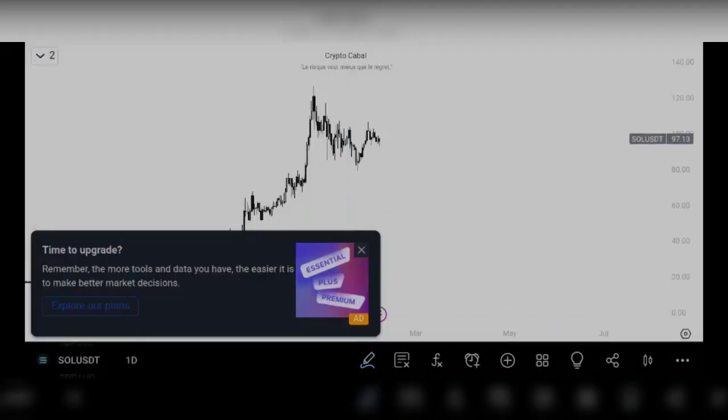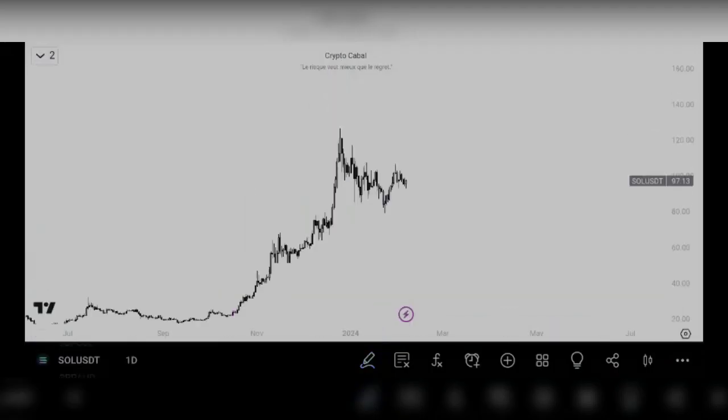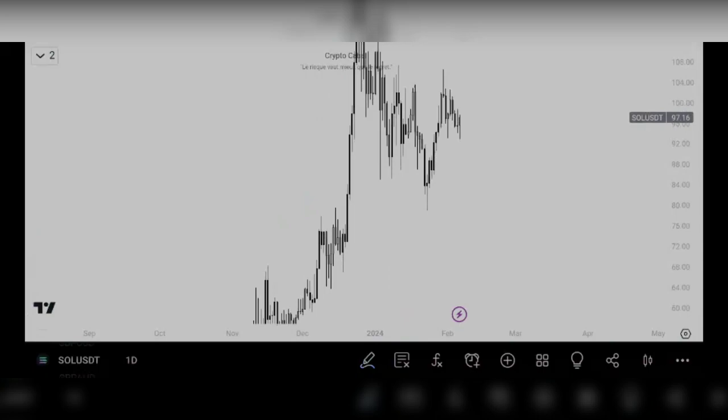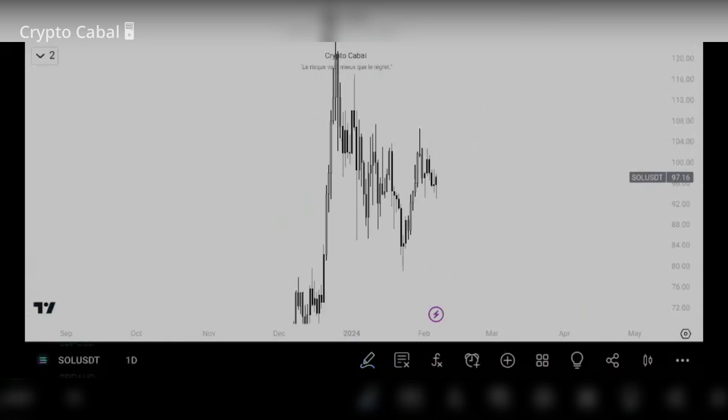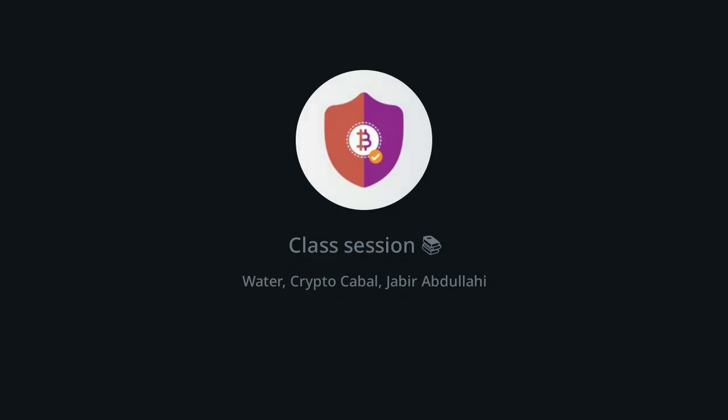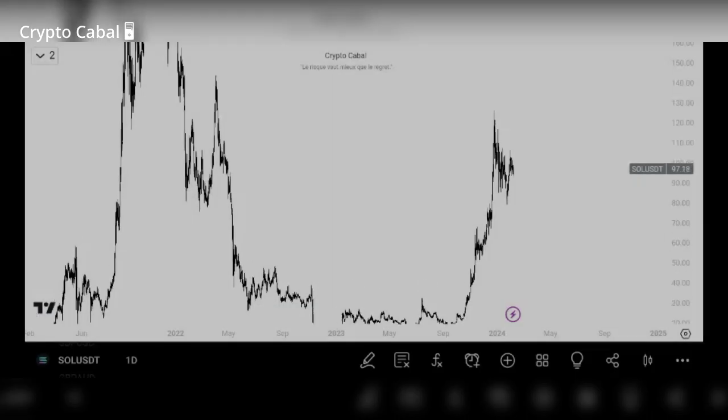Alright, this is Solana USDT on the daily time frame, right? We can actually see that the price of Solana has skyrocketed to a particular extent. The price is still very, very bullish. Though where we are reacting from is more of a resistance.